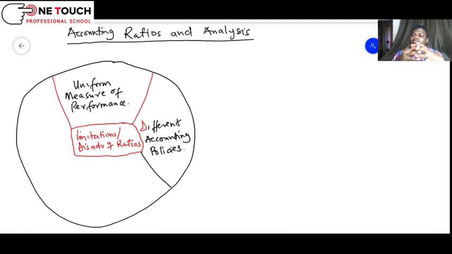Because it involves a whole complex pattern, ratios cannot be used as the sole measure of the entity's performance. Therefore, we say that ratio alone is inadequate for measuring performance.